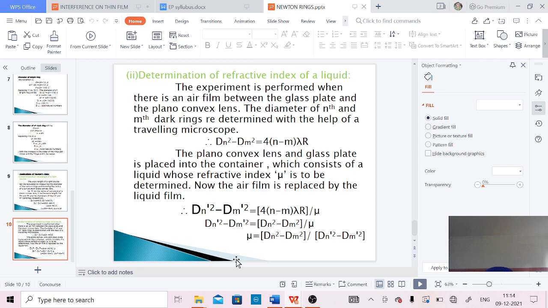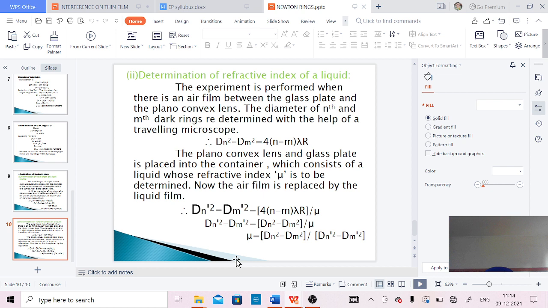Then the plano convex lens and glass plate are placed in a container holding a liquid whose refractive index mu is to be determined.